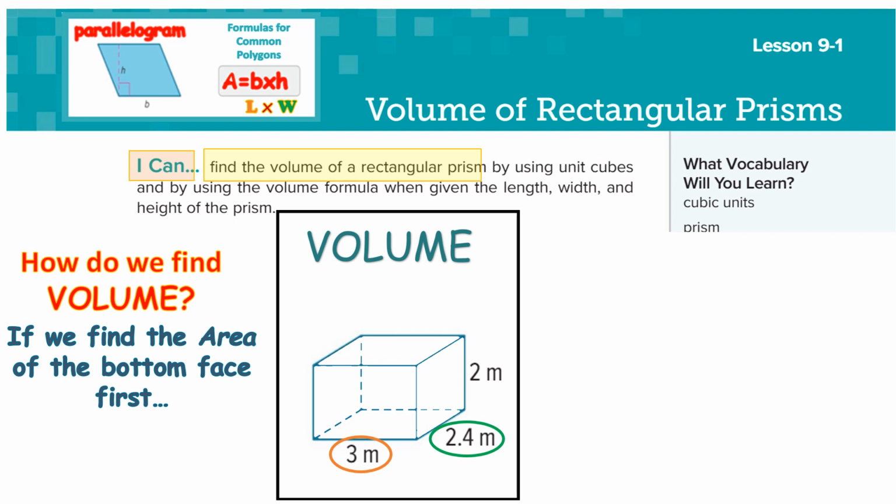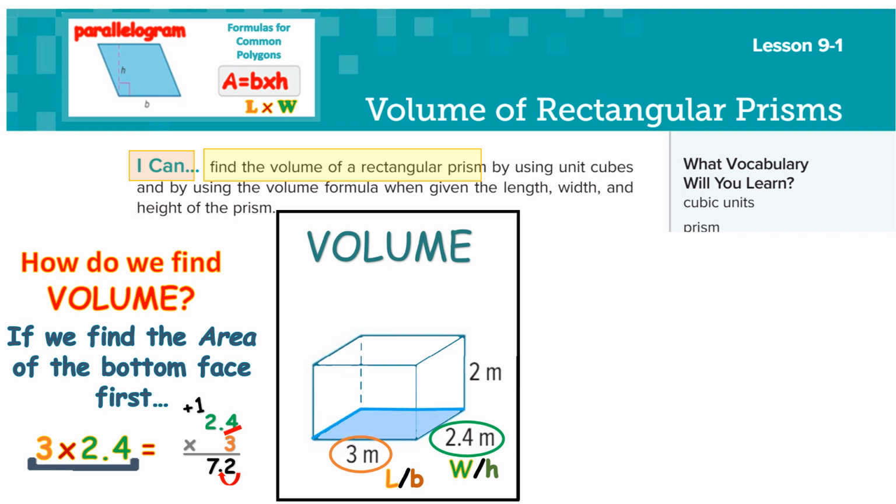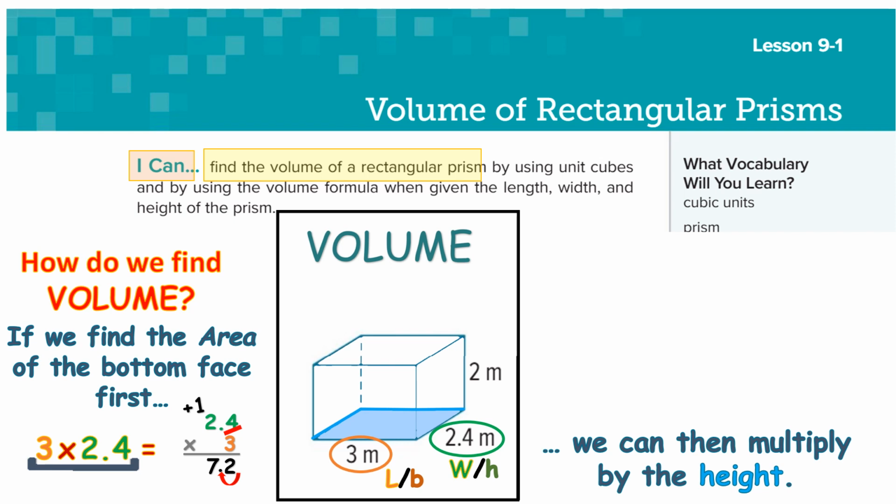I have the base, the bottom line, and the height, the one that's perpendicular to it. So when I multiply those together, I get 2.4 times 3, and 3 times 4 is 12. Put down my 2, carry my 1. 3 times 2 is 6, plus 1 is 7. 1 decimal space tells me to move over from right to left 1 time. So the area of the base of this rectangular prism is 7.2.